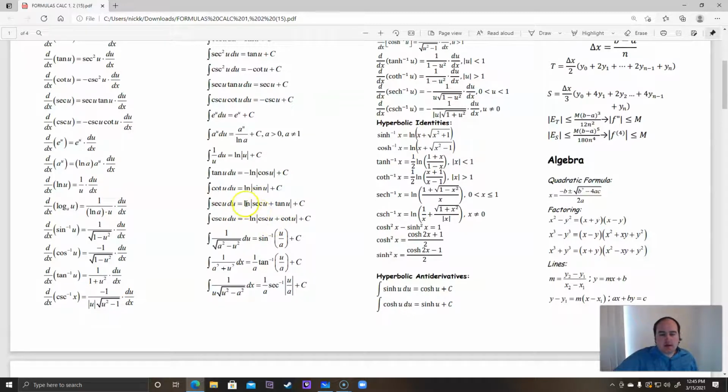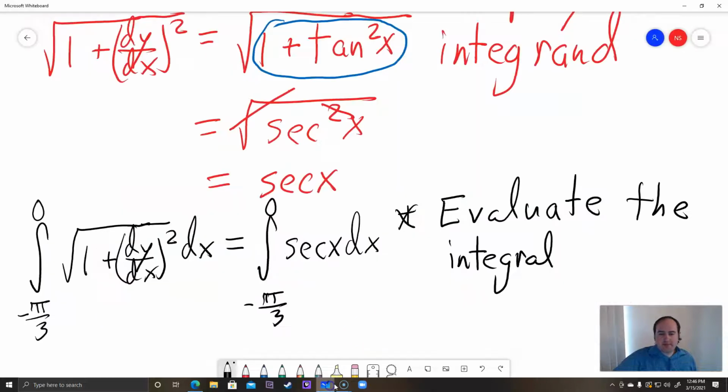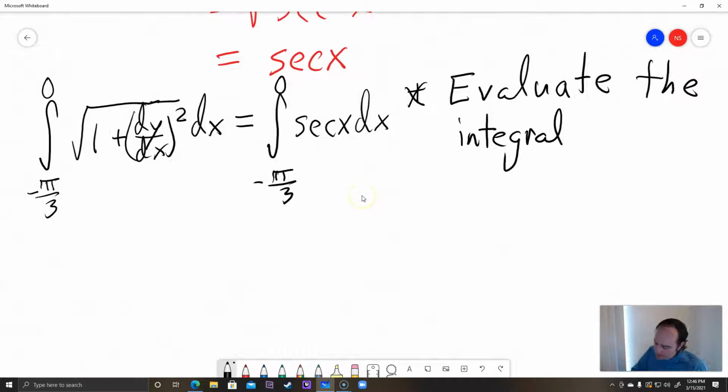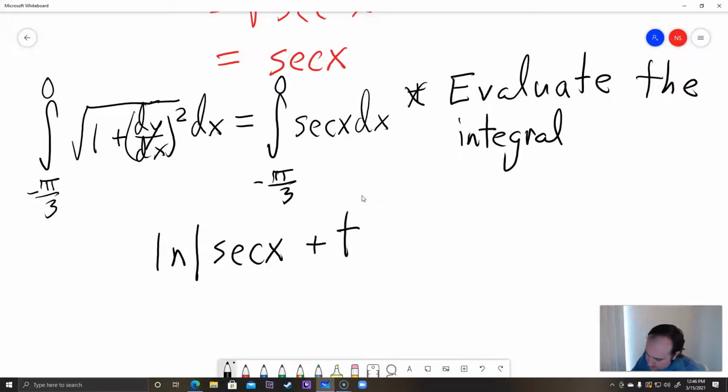So anyway, here, because instead of u we just have x, we're going to have natural log of absolute value of secant of x plus tangent of x.